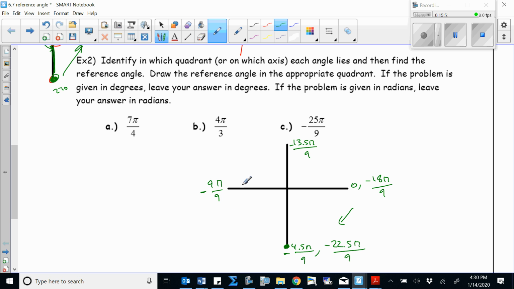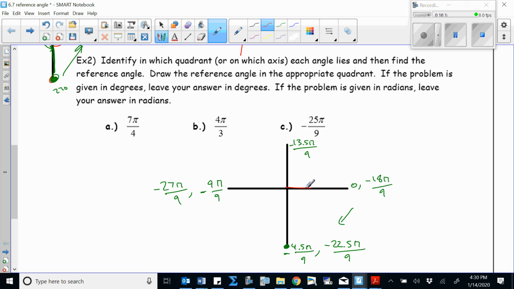Another 4.5 will be added, and this will be negative 27 pi over 9. Now we have actually exceeded 25, so I can stop making these circles. 25 is between 27 and 22, so the angle is going to be here.